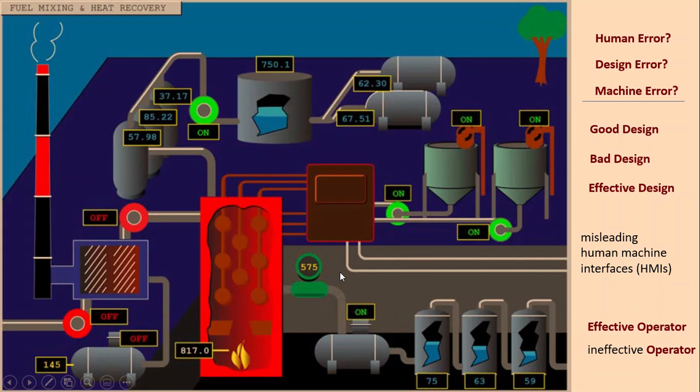If some mismanagement happens by the operator due to this kind of design, would you tell if this is the mistake of the operator or a design error? You cannot tell the machine error either.